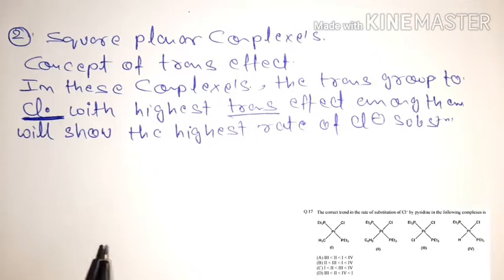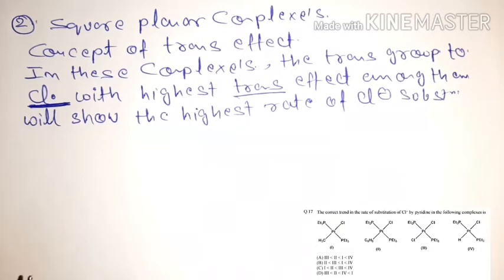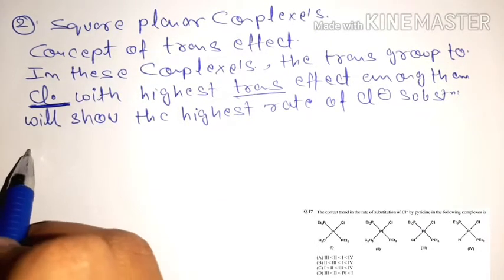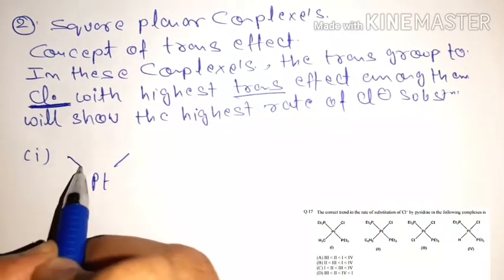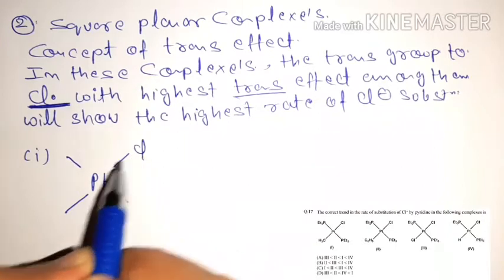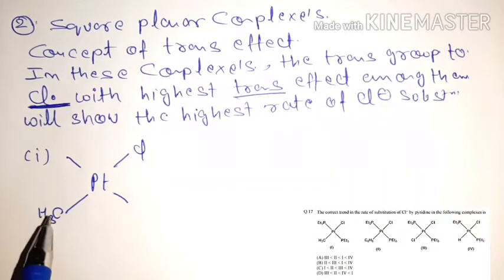So first we know about the trans effect order. Okay, we must find firstly the trans effect order of all these groups. So first of all, when you see all complexes, see your first complex in question, that is Cl CH3.